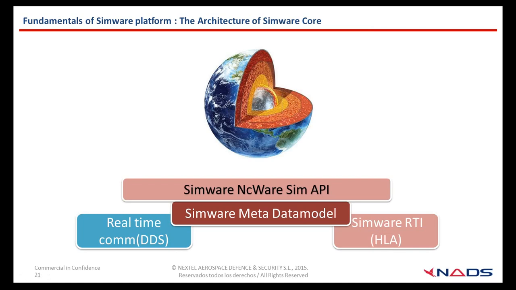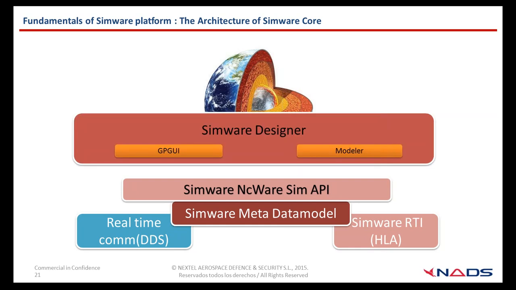Let's start with what is now in the Simware core. In Simware core, we have all the tools for creating and managing the core of the simulation. What is the core of the architecture of Simware? The first thing we have is Simware Sim API. Simware Sim API combined with the Simware metadata model allows you to access DDS or HLA with the same API.